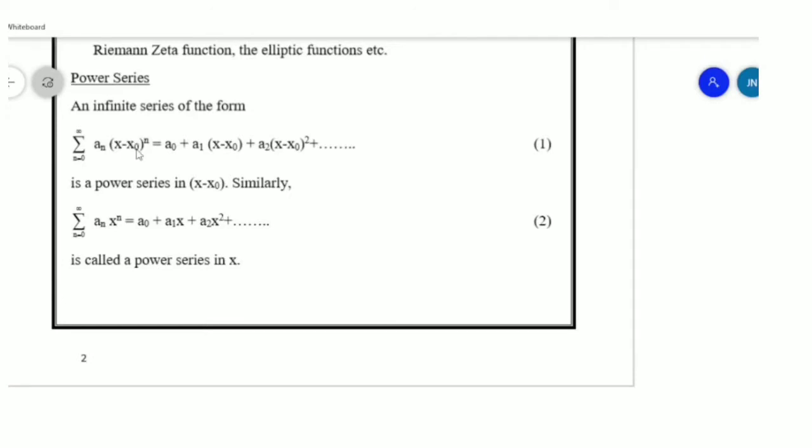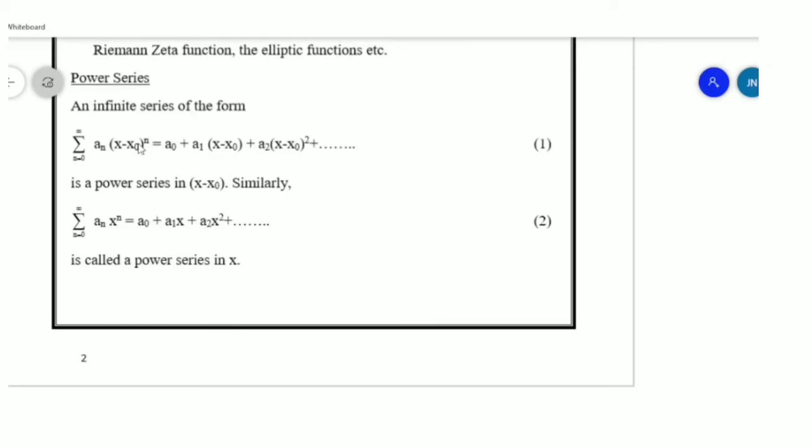When we expand that, putting n equal to 0 to infinity, you will get a0 plus a1 into x minus x0 plus a2 into x minus x0 whole square plus etc. That is a power series in x minus x0. If x0 is equal to 0, then you will get it as a power series, summation over an x raised to n.